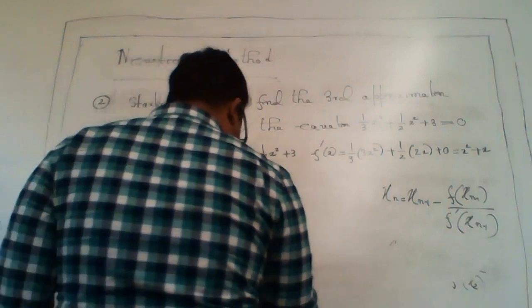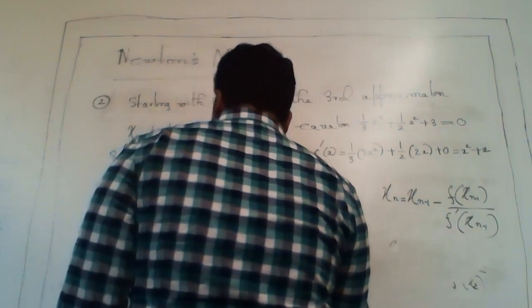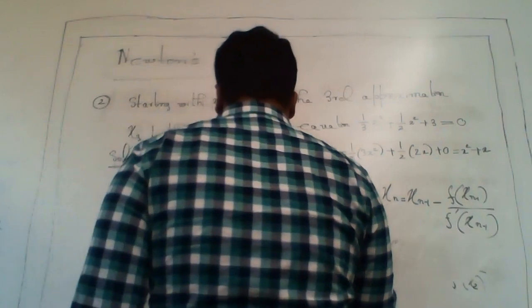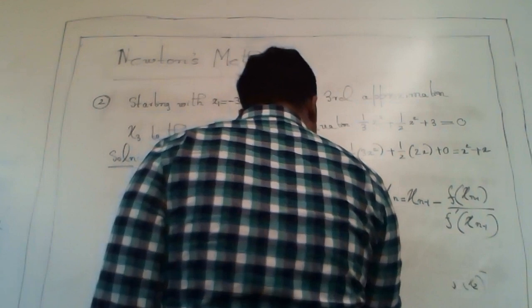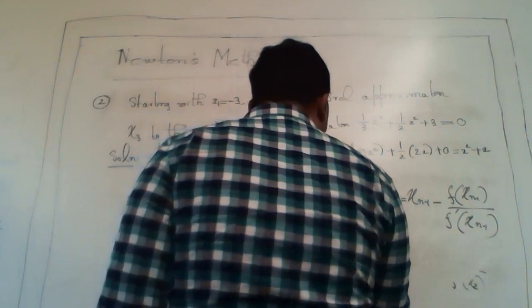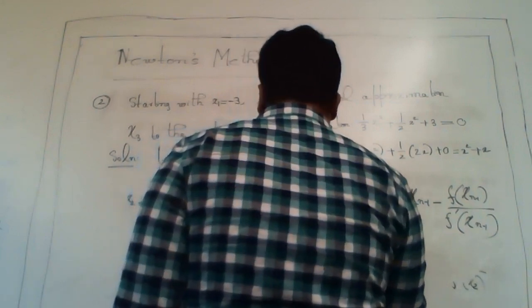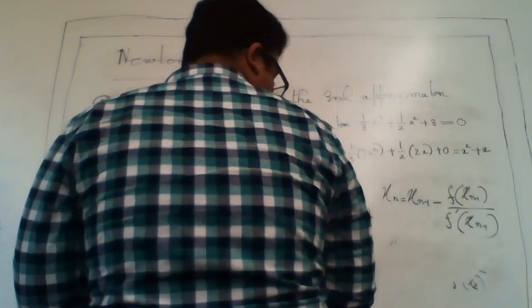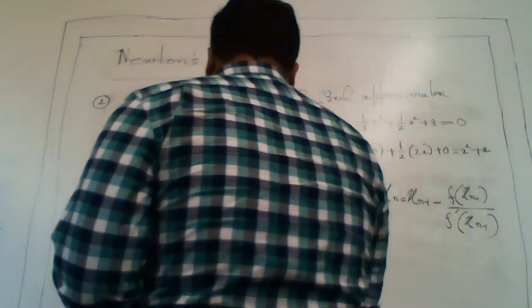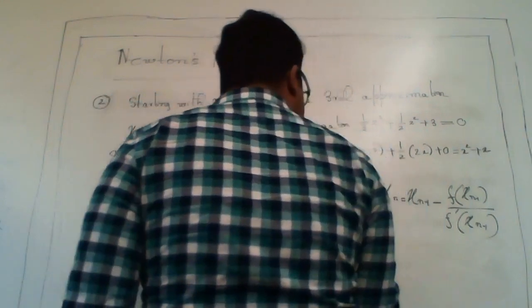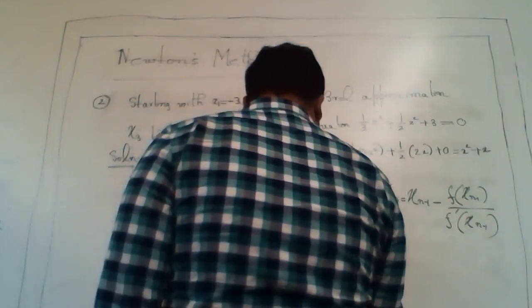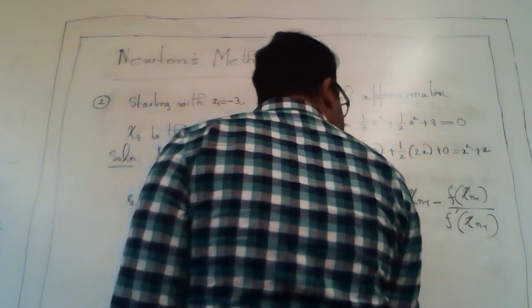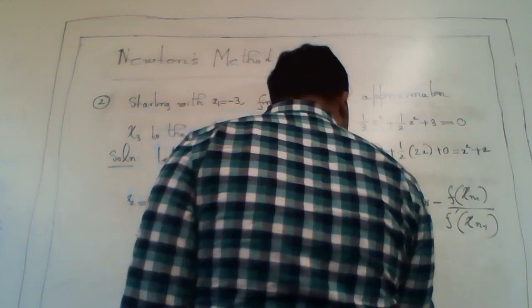So this is -3 minus [1/3 (-3) whole cubed plus half (-3) whole square plus 3] whole divided by [(-3) whole square plus (-3)].